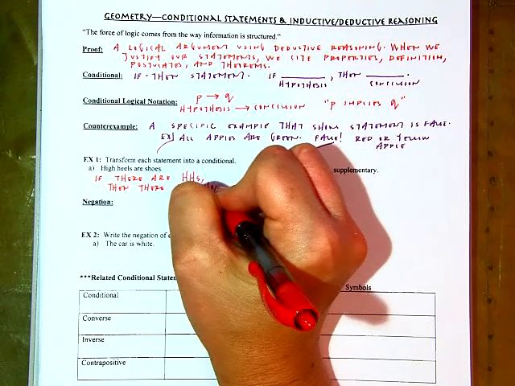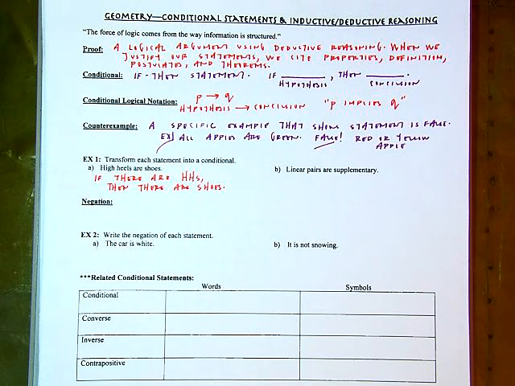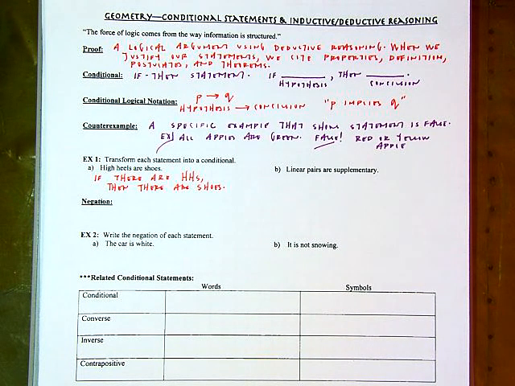Okay, my filler words don't really matter. So I can say, if I see someone wearing high heels, then that person is wearing shoes. That is perfectly fine. So you can add a few extra little filler words to make it make sense. But I'm looking for something that says if, along with something about the high heels, the then, something about the shoes.